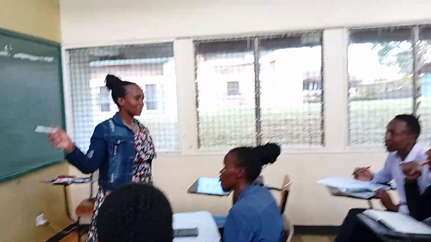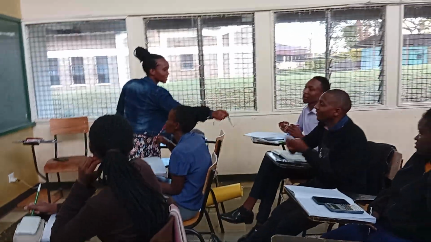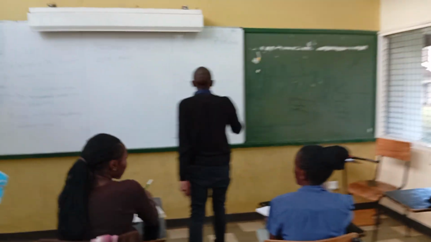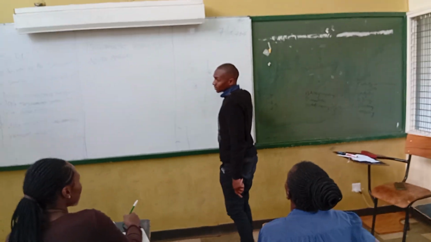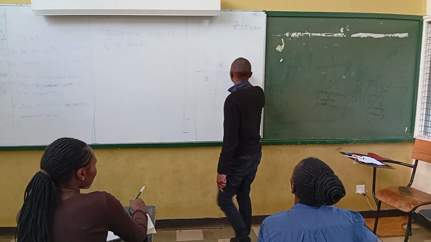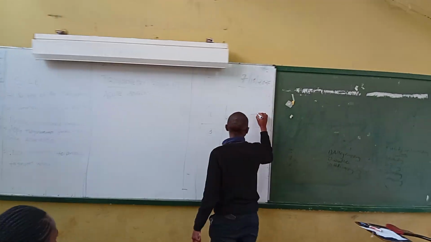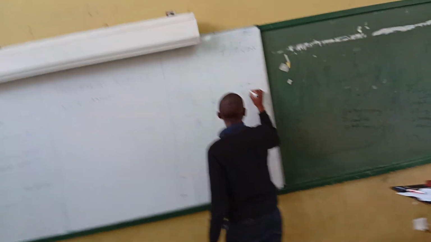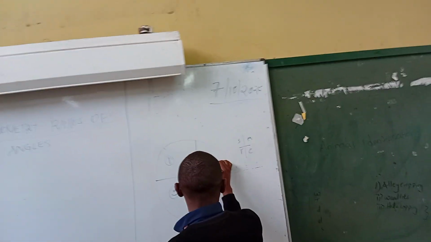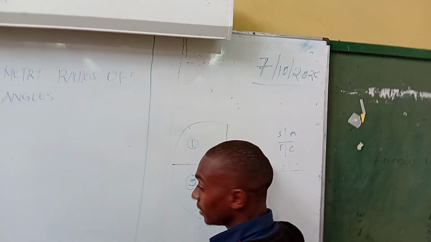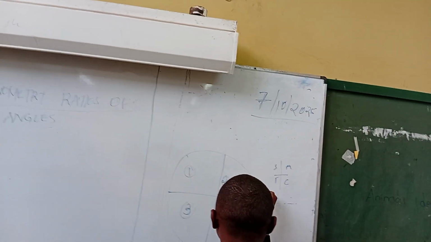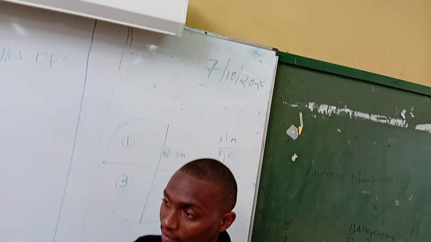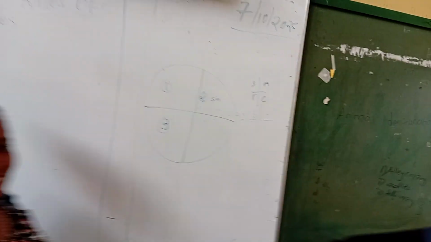Come and give the types of trigonometry ratios. Number 1, sine. Correct.